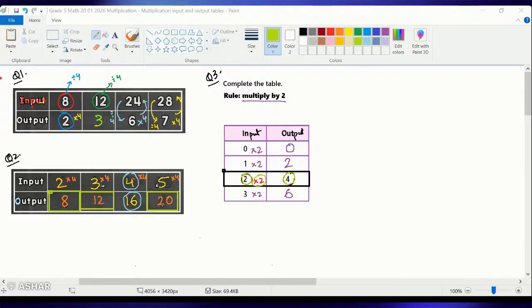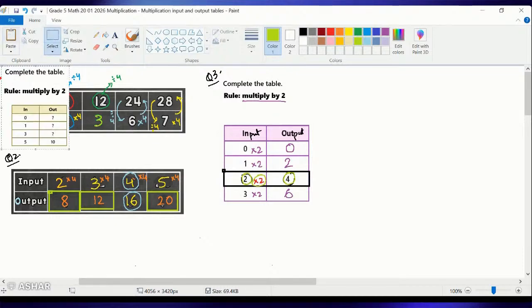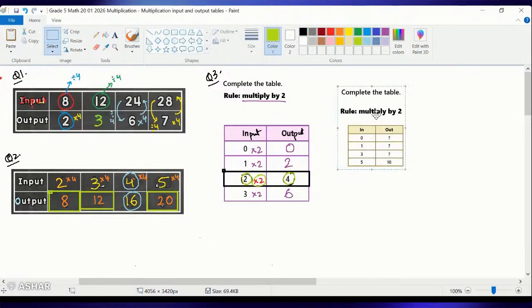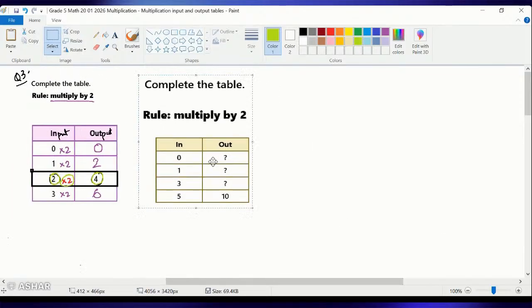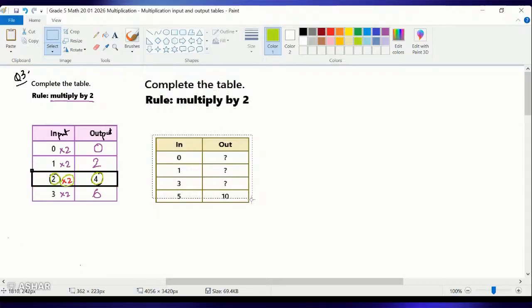Let's try another example and let's see what we can do. For the next example, the question is again rule multiply by 2. Okay, let's put down the question. They have a rule that says multiply by 2, and we have a table over here.